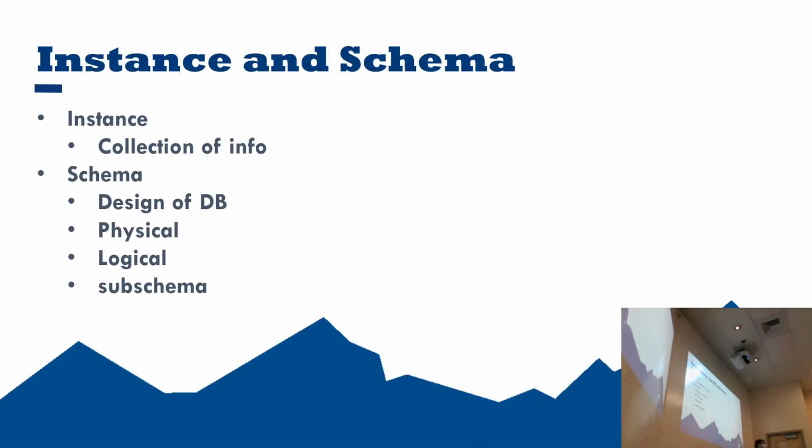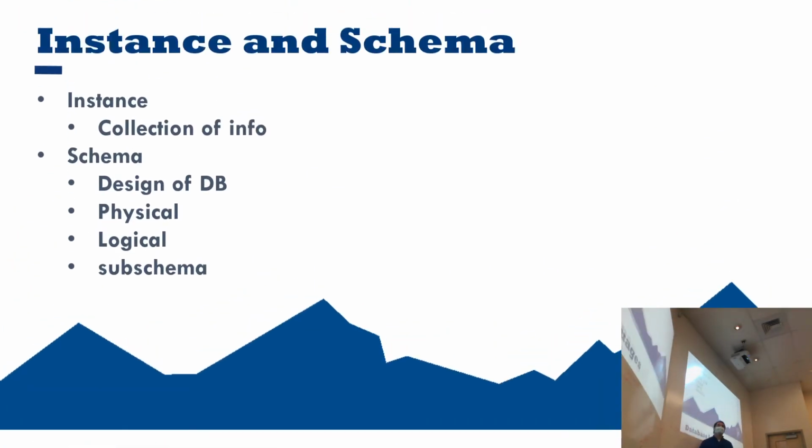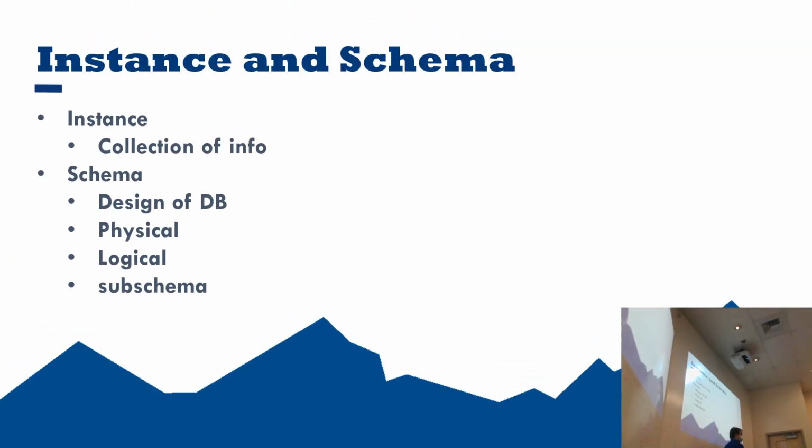All right, so instances and schema. An instance is going to be the collection of the information that's stored within a database. So if I have a database, let's just say that it has 500 records in it. The instance is going to be at a given point. You guys probably use virtual machines at some point, right?